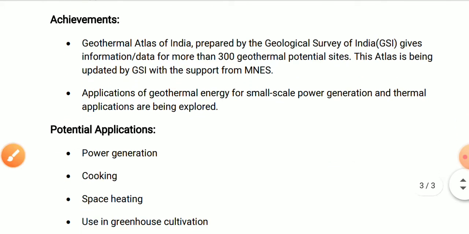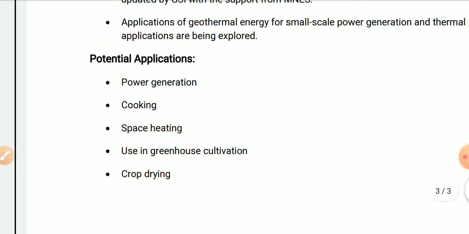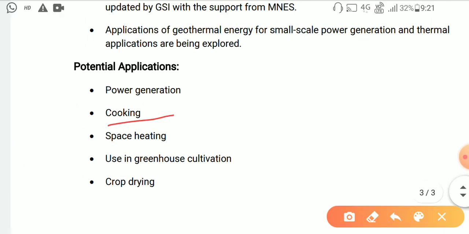We already know the potential applications where the geothermal energy can be utilized. This is for power generation, cooking, space heating, use in greenhouse cultivation, and crop drying.